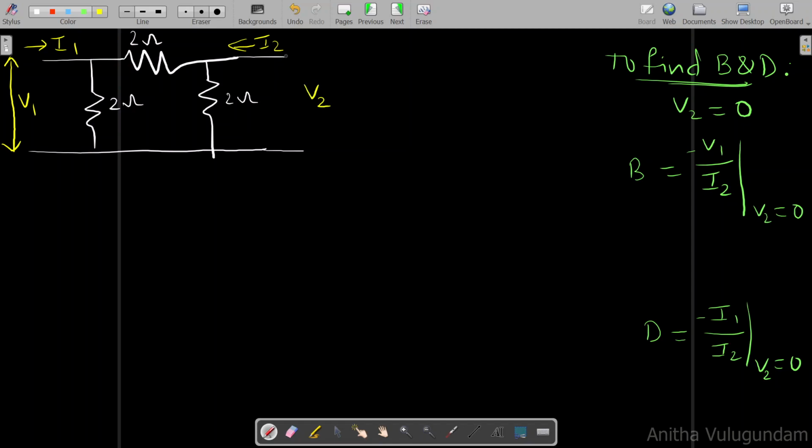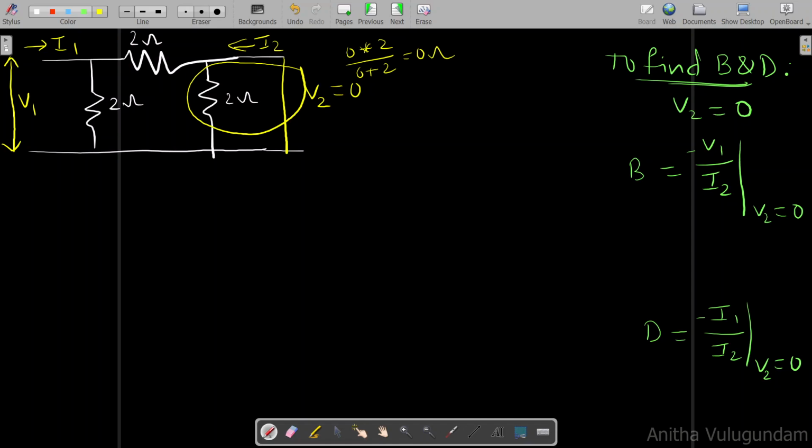Here the condition is V2 equal to 0. So you have to short circuit these two terminals. When you short circuit the terminals, resistance here is 0. So if you calculate the equivalent resistance for these two, 0 into 2 by 0 plus 2, which is equal to 0 ohms.